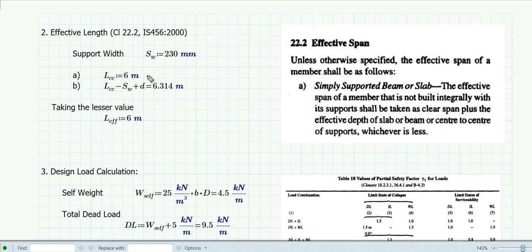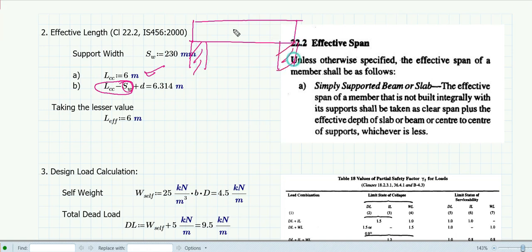You can see that center to center is already given, that is 6 meter. And what is the clear span? The clear span will be the center to center minus the support width. This is the beam, and this is the center, this is the center.